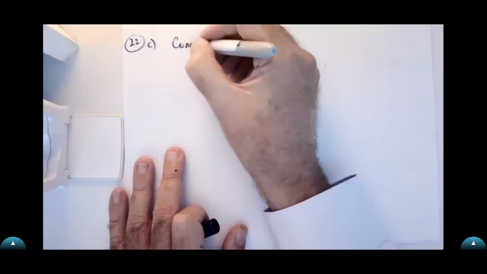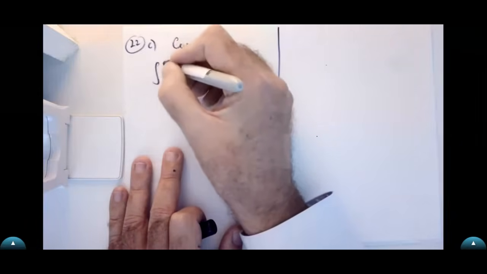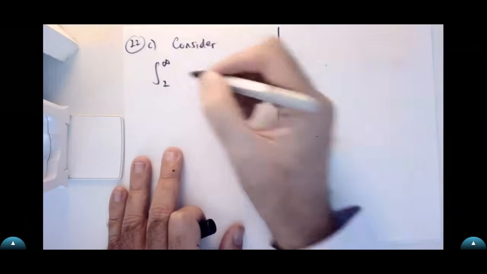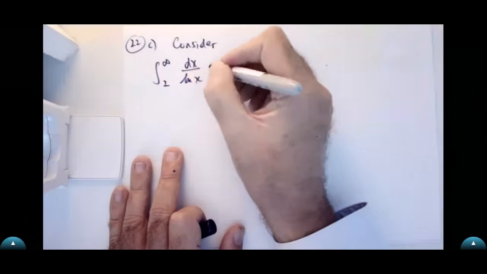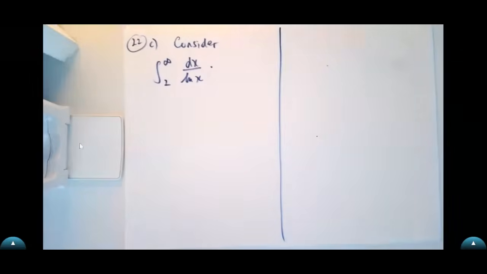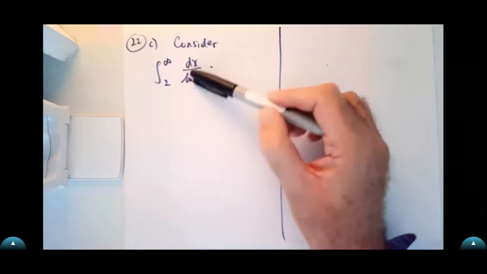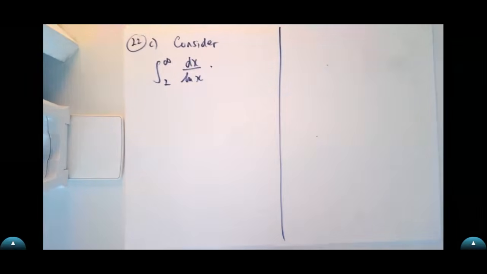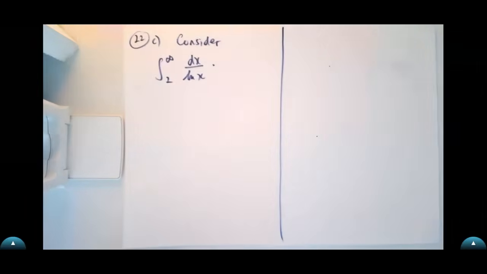Okay, so consider this. What the comparison test tells us is if we can form some sort of inequality based on the function we're integrating, and then we work with this other integral, then we can make some conclusions about this one by looking at the thing we're comparing it with.